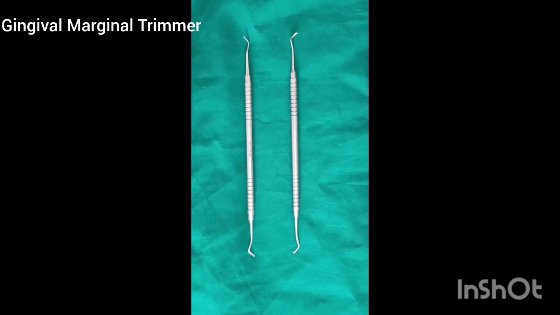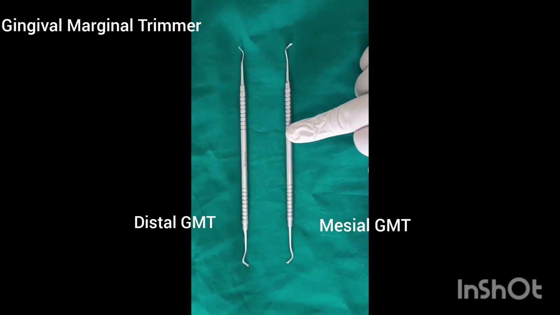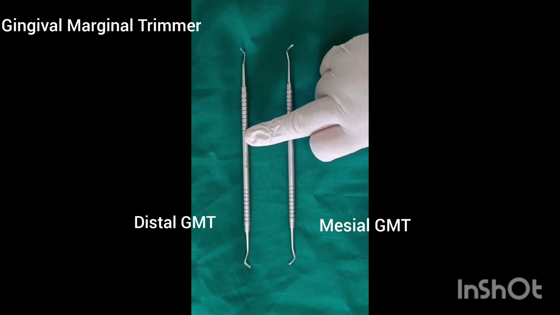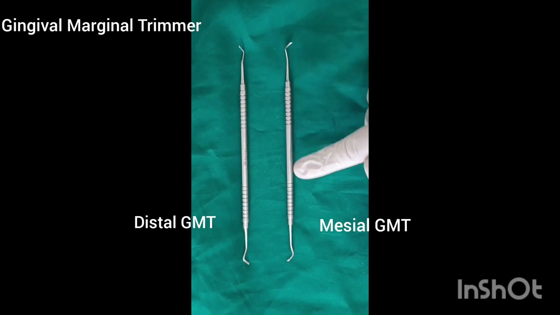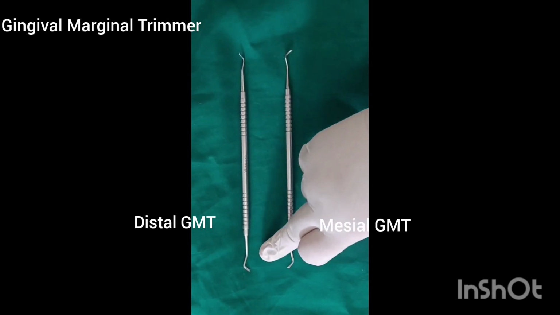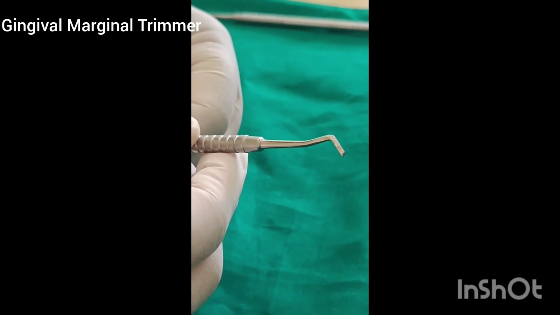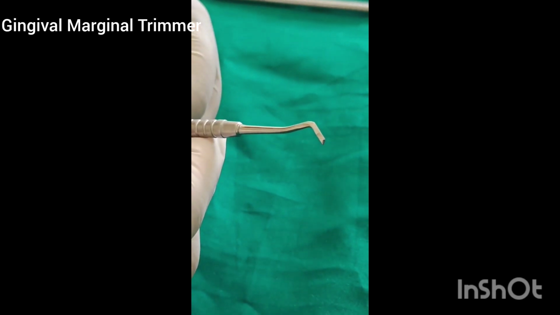GMT is available in pairs constituting a set of four: a mesial GMT with left and right cutting ends and a distal GMT with left and right cutting ends. Now, how to identify the left and right cutting end of GMT?